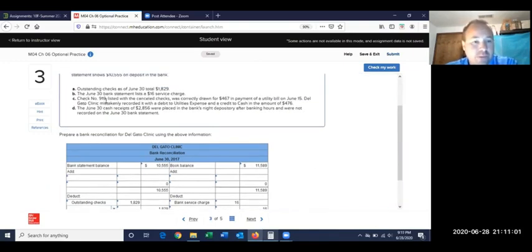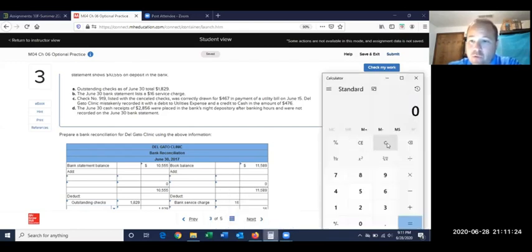Okay, check number 919 was correctly drawn for 467. So that means we actually wrote it out for 467, the correct amount to pay your utilities. However, when we recorded it to our books, we recorded it for 476. So we actually recorded it and took out too much cash. I like to always start out with, and this is the way you can know if it's a negative or positive, do I take money away or take it out? All right, put down what you wrote first.